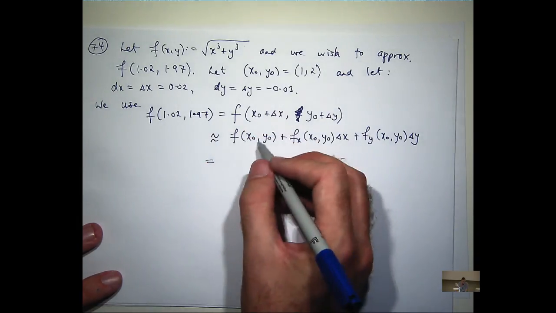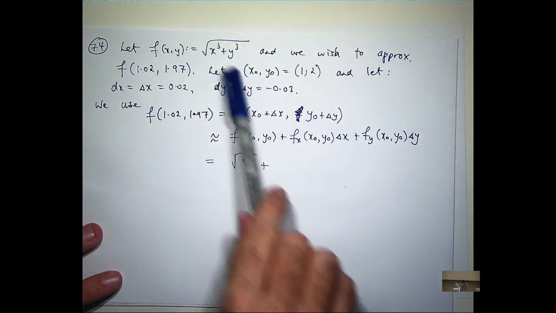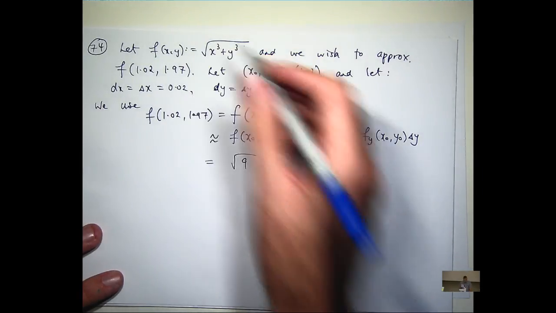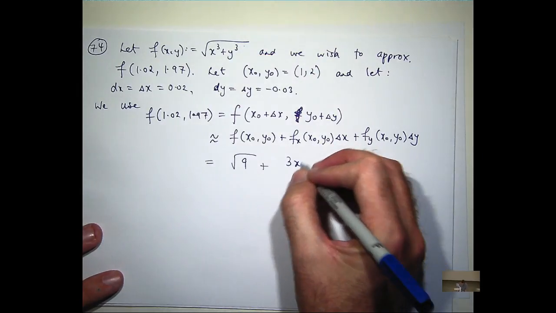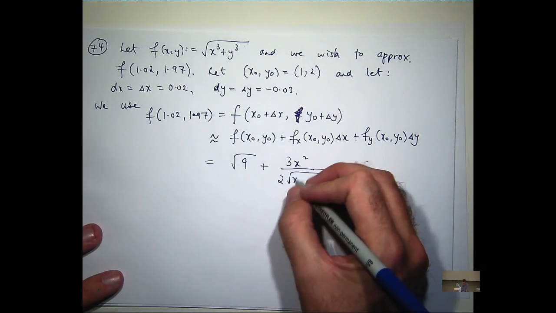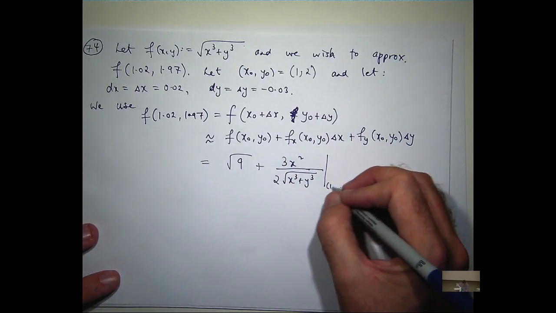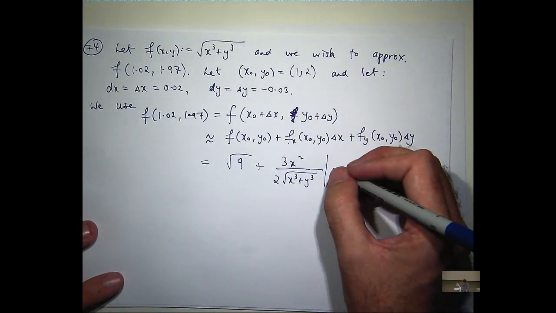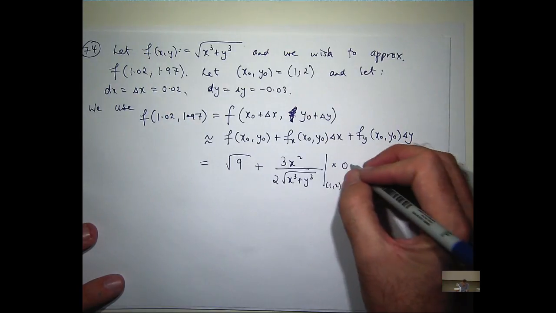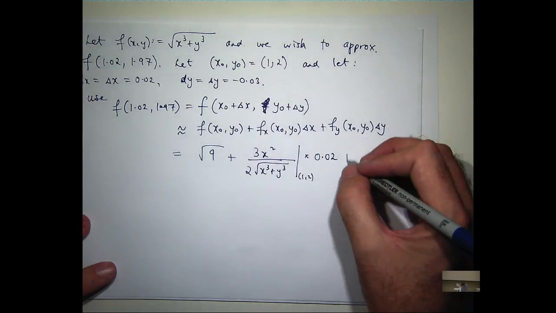Okay, so f of 1, 2 is just going to be root 9. Let's differentiate and sub in 1, 2. So let's partially differentiate this with respect to x. And I want to evaluate that at 1, 2. And then multiply everything by this delta x, which is 0.02, plus this bit.